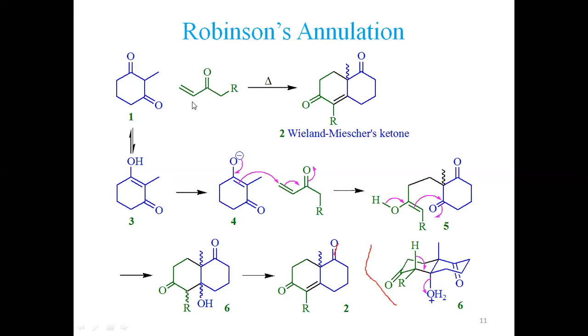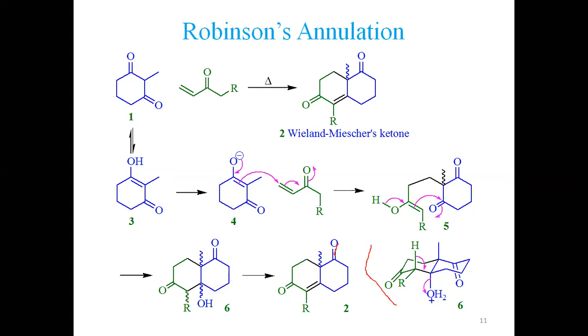You have already come across alpha, beta unsaturated systems we can generate by the reaction of an ester with such systems, if you remember Claisen-Schmidt condensation.